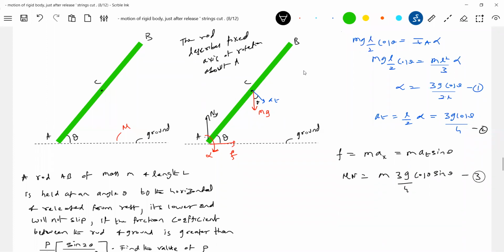Finally, we have an equation like this: 3mg sin theta cos theta by 4. Along the y-axis, mg minus N, minus Ny should be equal to m AT cos theta. So the value of AT we know.